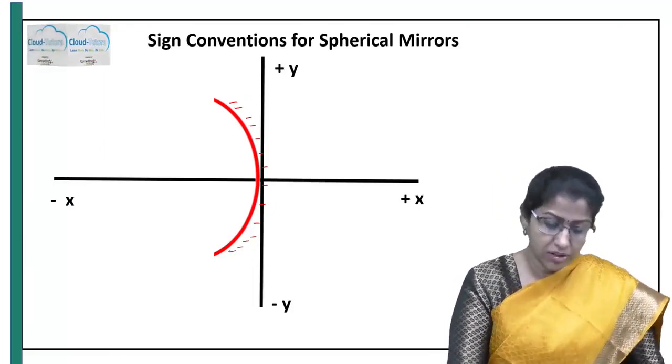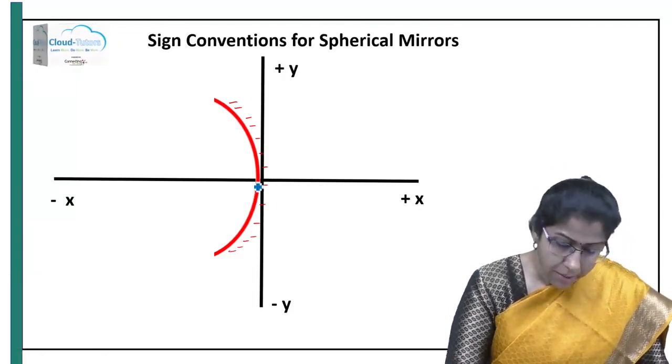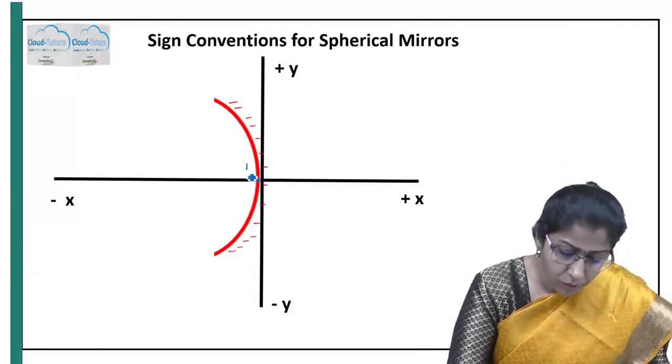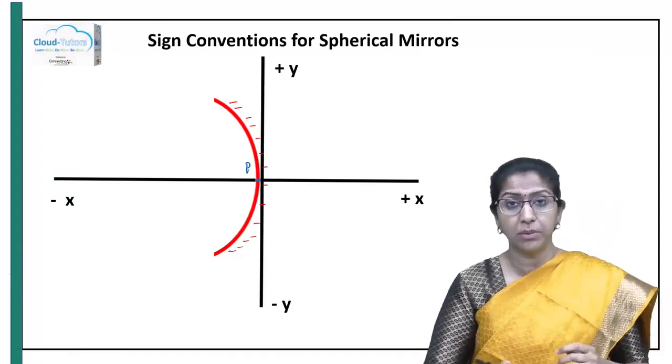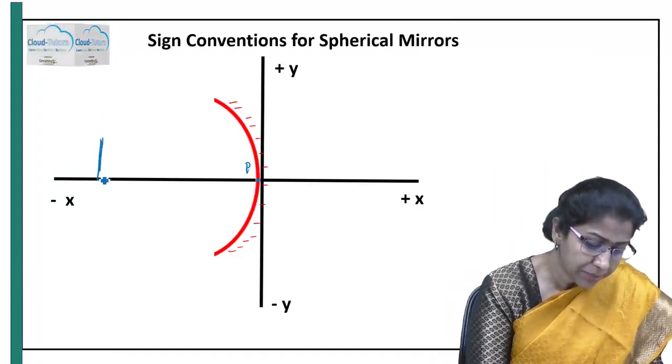What is the first rule of sign convention? The first rule is that all the distances are measured from the pole of the mirror. Say, for example, I have an object here.